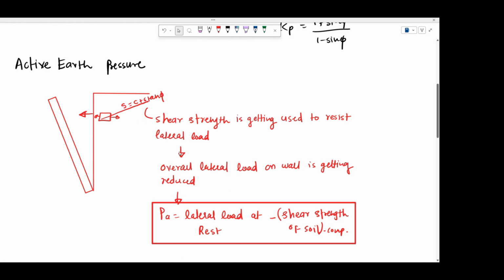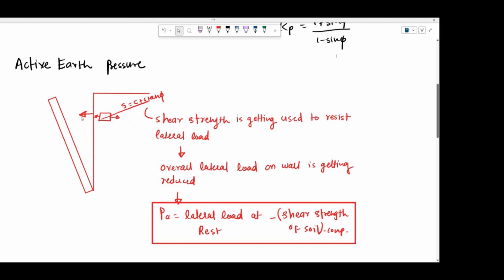The active earth pressure, what exactly is it? As we have discussed, it is the movement of the wall away from the backfill. Now assume a state where the wall has moved away from the backfill. Because of this away movement, the soil, which was in its initial state, will now have a tendency to move towards the wall. Because of this tendency, the soil will show some loosening behavior or have some tensile strains in it.